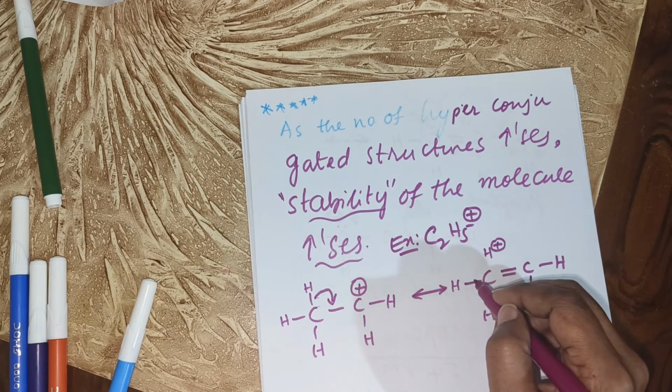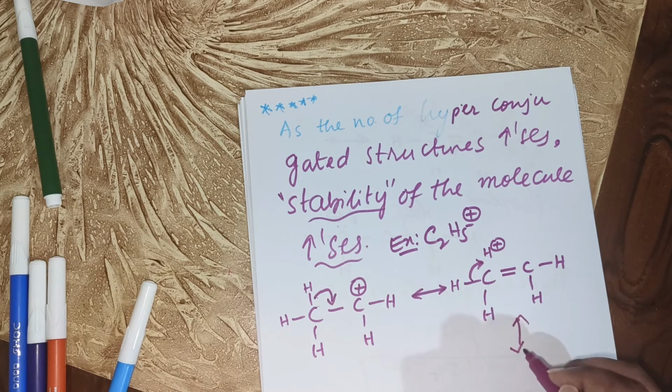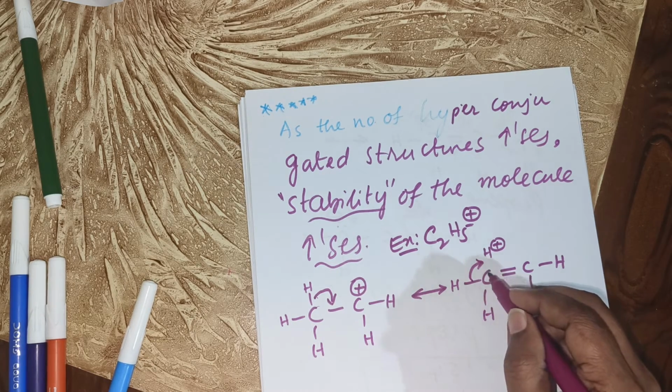Then what happens next? The bond is shifted again, because here there is a lack of electrons.